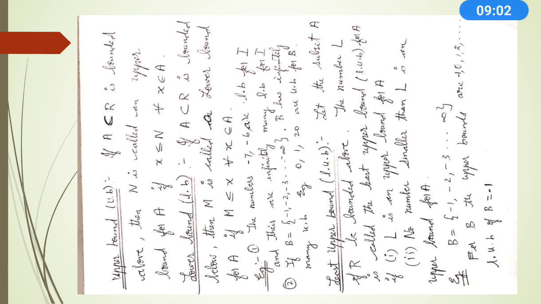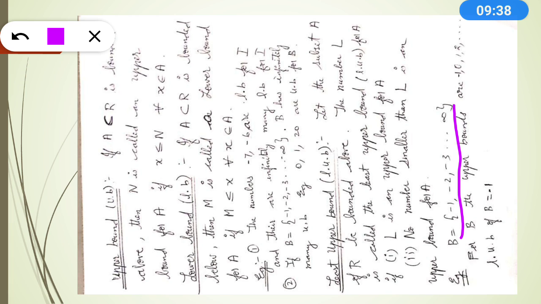Next we'll see what is least upper bound. Least upper bound means you must have a set A. A number capital L is a least upper bound if L is an upper bound and no number smaller than L is an upper bound for A. Just before, I told you there will be an infinite number of upper bounds and lower bounds for a given set. Take the set of negative integers.